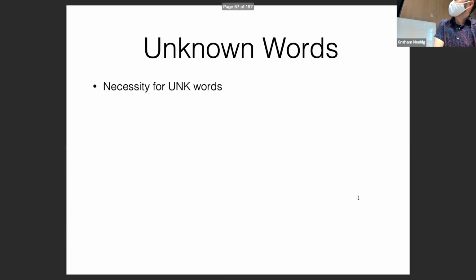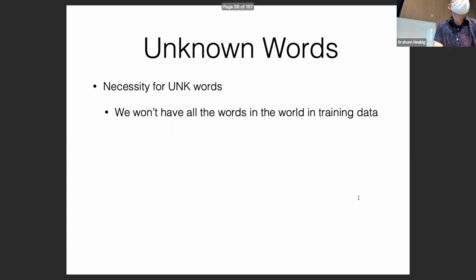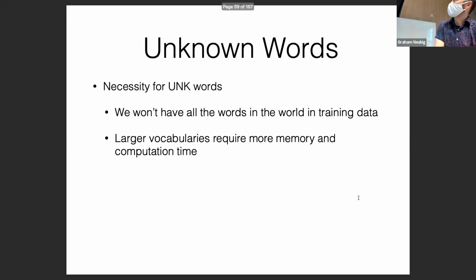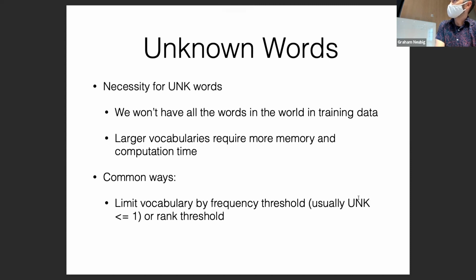One comment is about unknown words. So we talked about unknown words last time as well. We need to be able to handle them because we won't have all the words in the world in our training data. And larger vocabularies require more memory and computation time. There are some common ways to do this. So we can limit the vocabulary by a frequency threshold or a rank threshold.